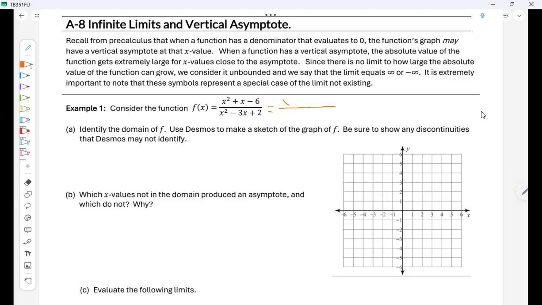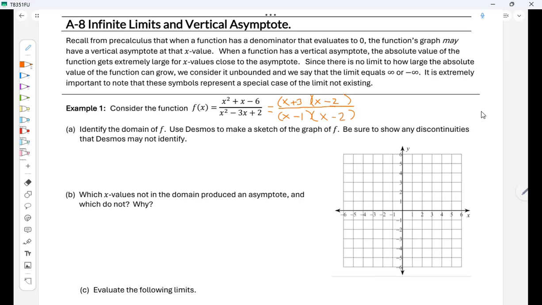On the top, I get x plus 3 and x minus 2. And even easier on the bottom, I get x minus 2 and x minus 1.